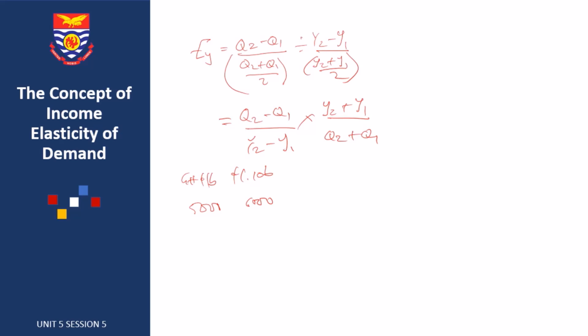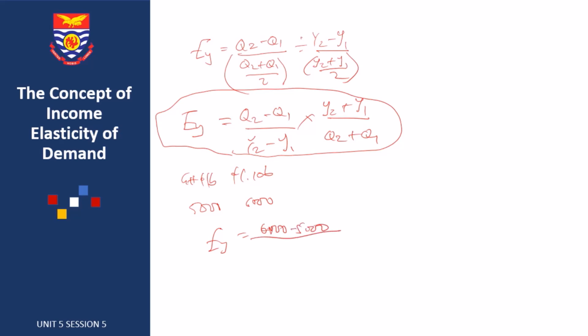We substitute this information into the arc income elasticity formula. EY equals 6,000 minus 5,000, divided by 1.10 minus 1.0, times 1.10 plus 1, over 6,000 plus 5,000.